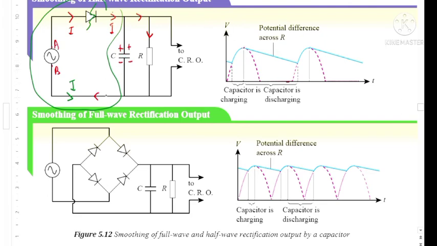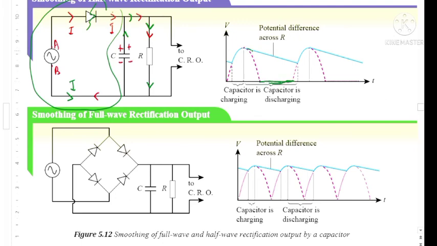Thus, when no current flows in the circuit, the capacitor will act like a battery. Now, the current will be supplied by the capacitor to R. Or we can say the capacitor discharges. So just now, when current dropped to 0 here, the capacitor discharged.